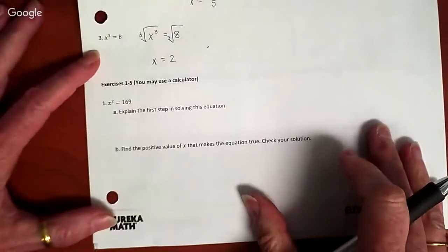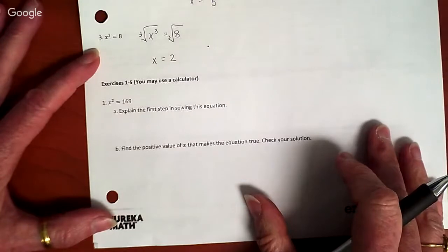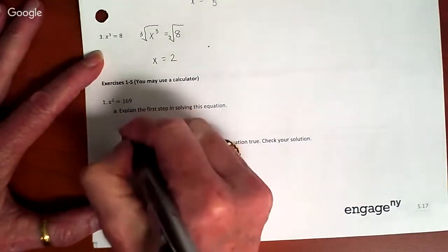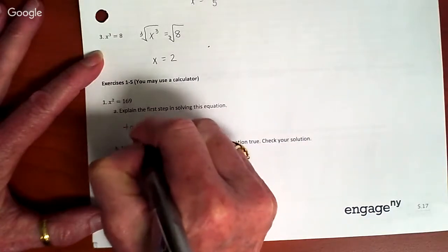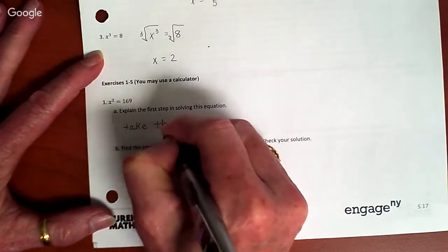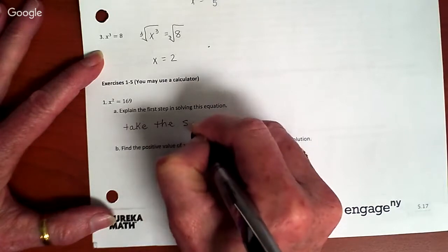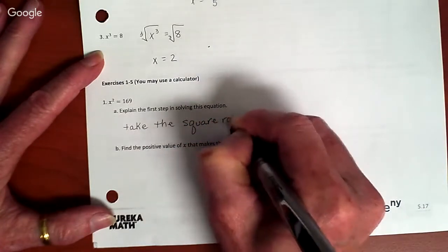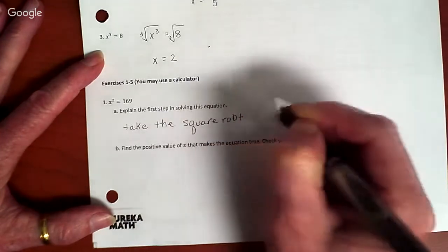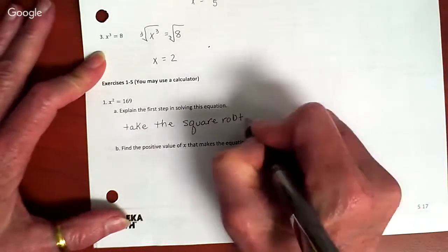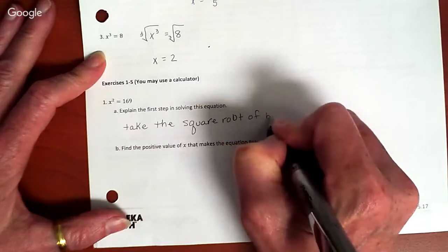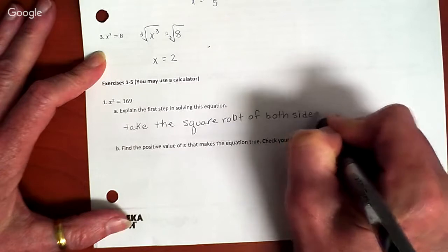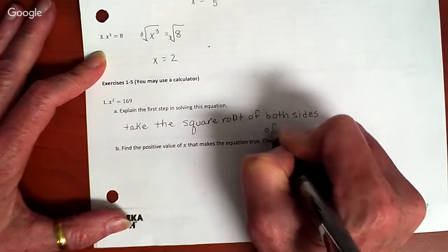The next thing we're going to talk about is how we can use that calculator. So our first step here is to take the square root of both sides of the equation.